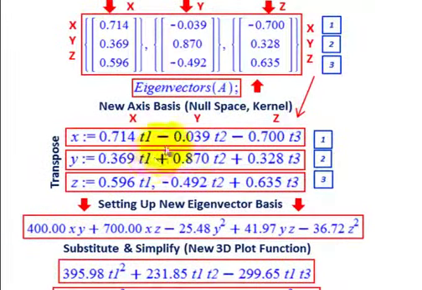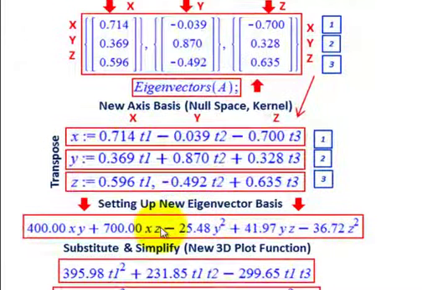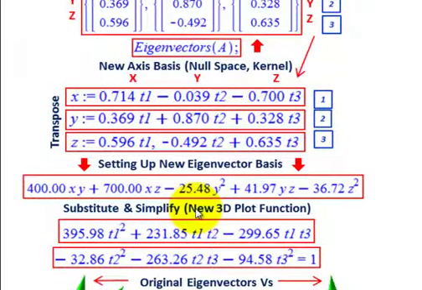So we made our substitution. We come up with our, based on our basis here, we did a transpose here, rearranged it, assigned our x, y, and z values based on that t1, t2, and t3 coming off our eigenvectors here, and then we plug those into our original equation here that we set up against that matrix, made the substitution, and then based on that we simplified it here, and that's again using some software.